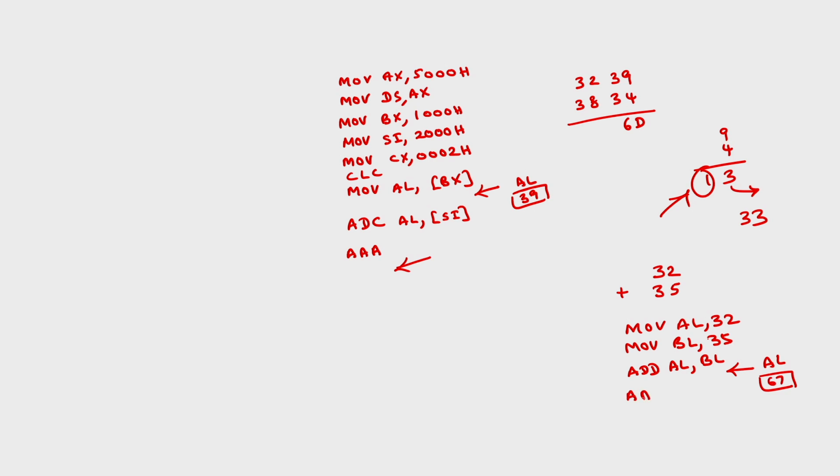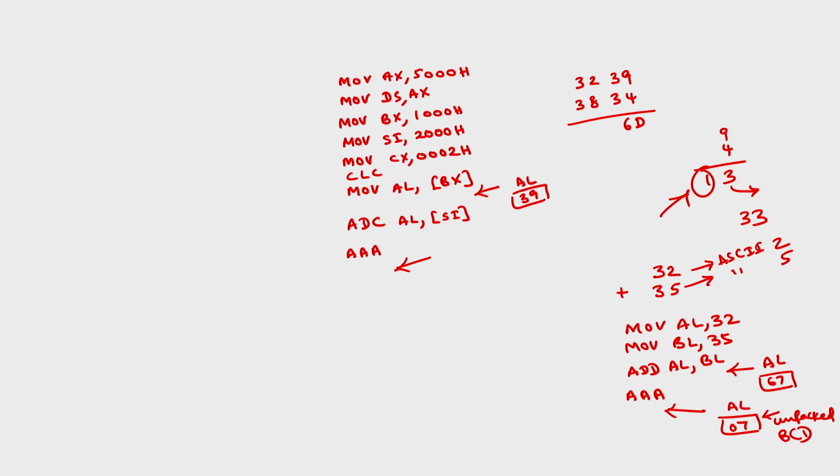If I write instruction AAA, so what is the correct? This is ASCII corresponding to 2. This is ASCII corresponding to 5. So 7. ASCII of this one is 7. So after this what happens is AL will be containing 07, which is unpacked BCD. This is called unpacked BCD. Okay. So this AAA instruction adjusts AL contents to unpacked BCD, but it will not give the ASCII.